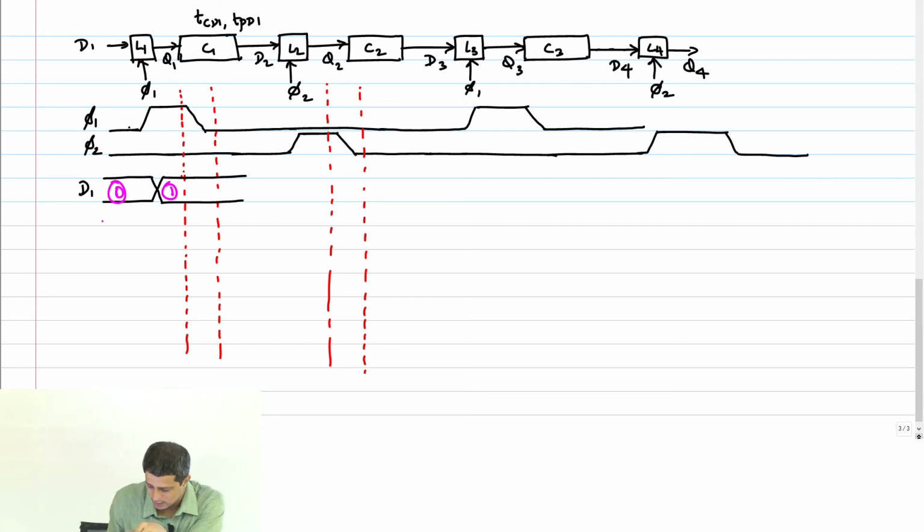Okay. So what will happen to Q1? First of all, what is the delay that will be involved? For latch L1, data has changed after the clock went high. TDQ, right? TCDQ or TPDQ, right? Correct.